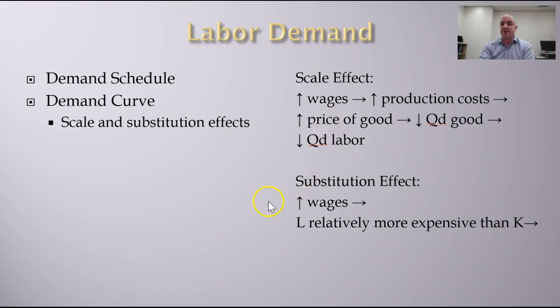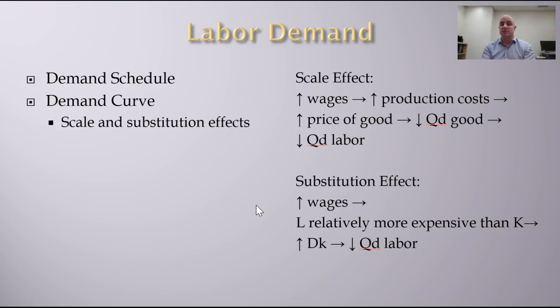But what happens is, as wages go up, in relative terms it's becoming more expensive to employ labor than capital. L is labor, K is capital. Because of that, you're going to say, well, it's becoming more expensive to use labor, so I'm going to use less labor and more capital. You're going to substitute.